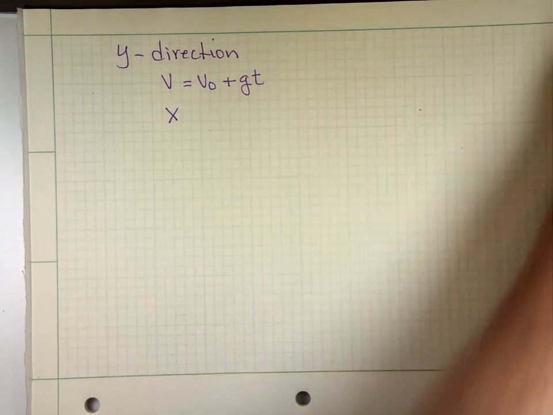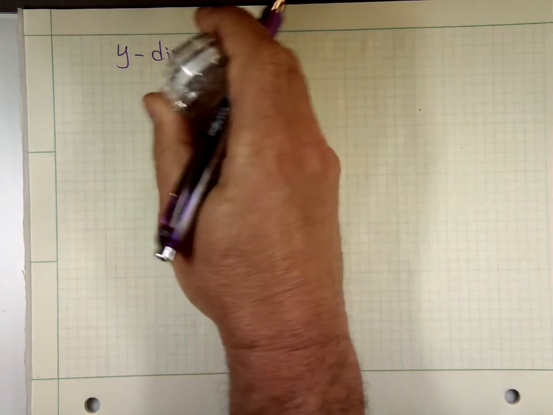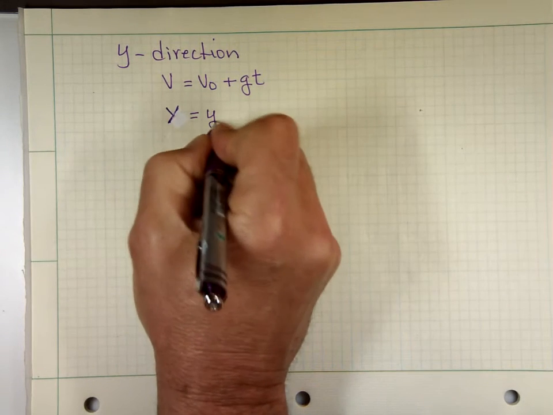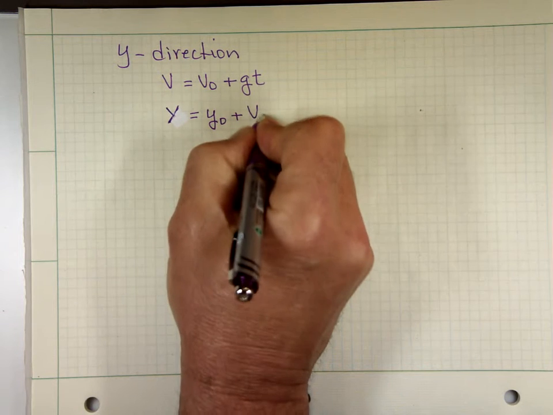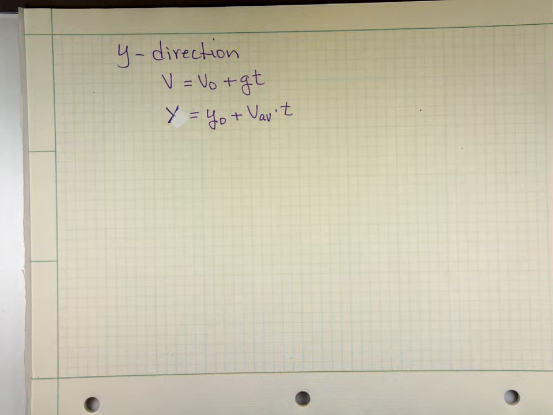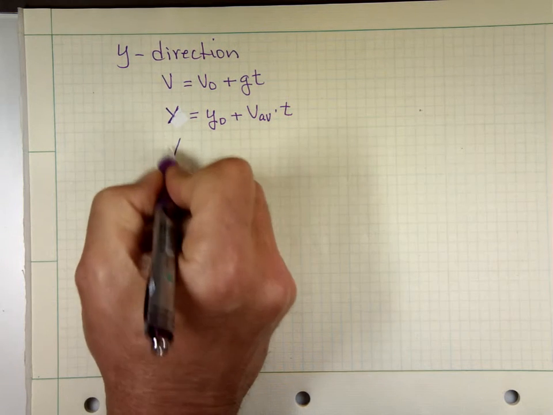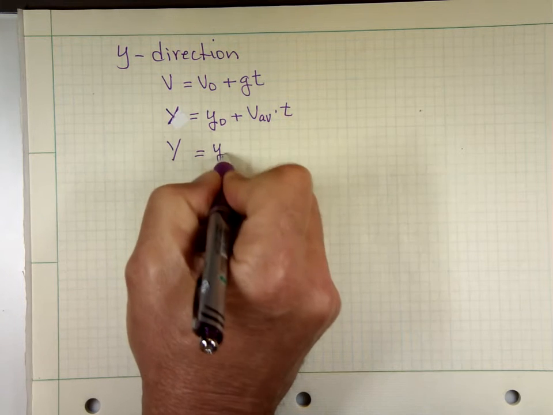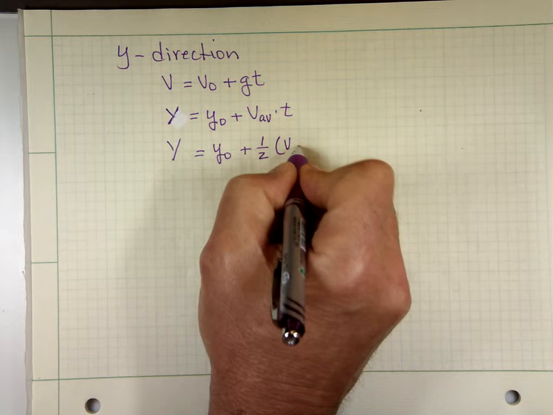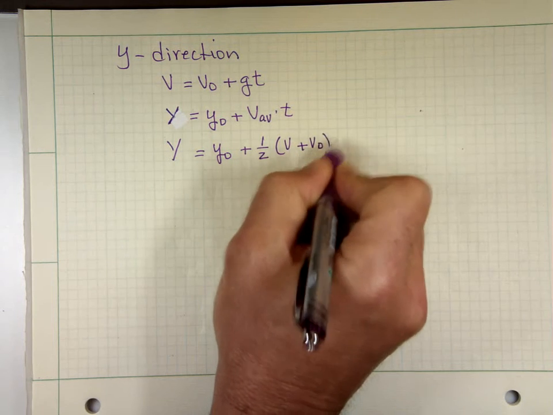Well, we didn't call it x in the y direction, we called it what? y, right? y equals y sub 0 plus v average times t. That's still good. Or y equals y sub 0, and we said the v average is what? 1/2 times v final plus v initial, times t.